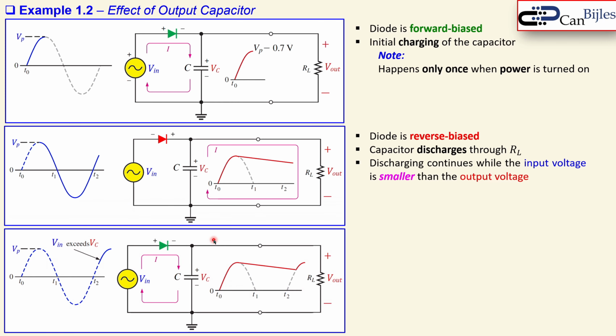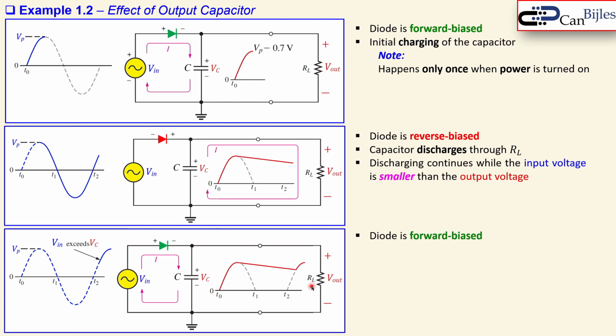That is actually the next stage, because when the Vin now exceeds the Vc, for example at this part, then it is charging again. So that is actually repeating. This first part here is only when the power supply is turned on, and then it repeats itself in this fashion: going down, then going up and going down, that will repeat itself for the other part of the period.